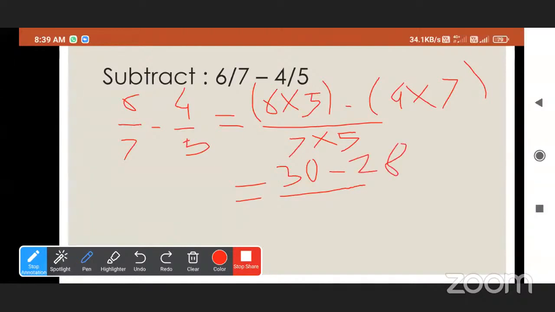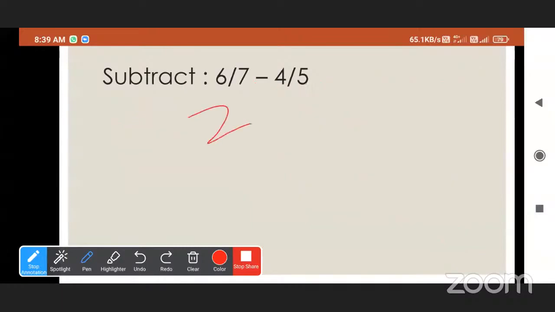Now 7 fives are 35. So what will be the answer? 30 minus 28, 2 upon 35. So the answer is 2 upon 35.